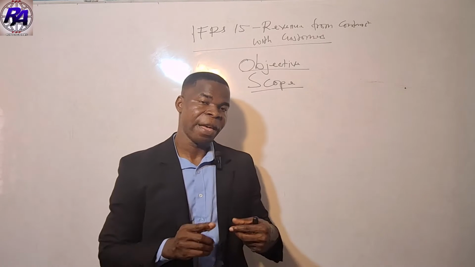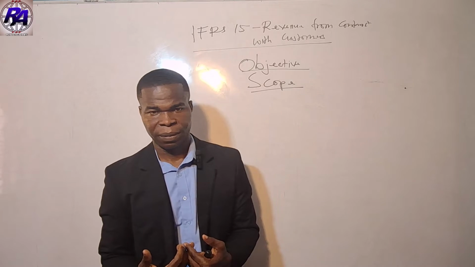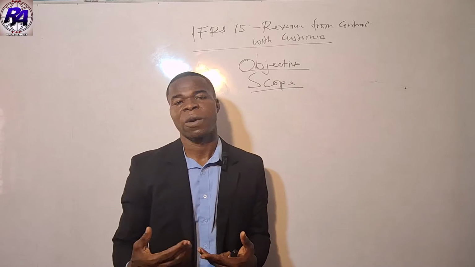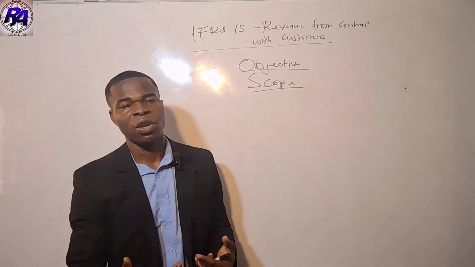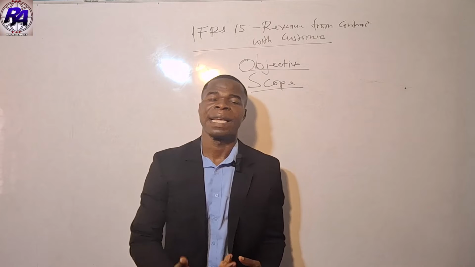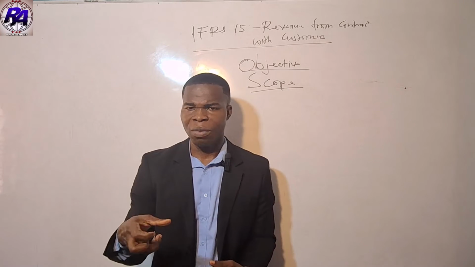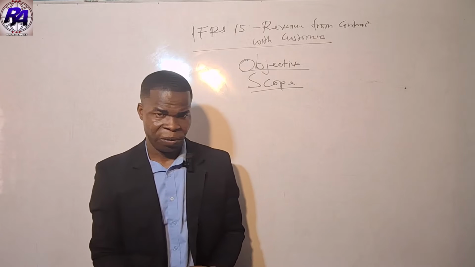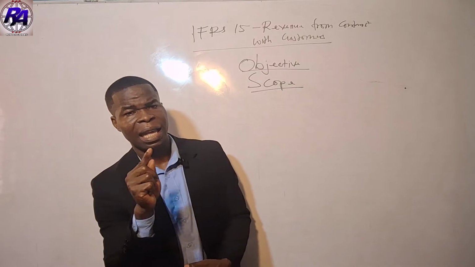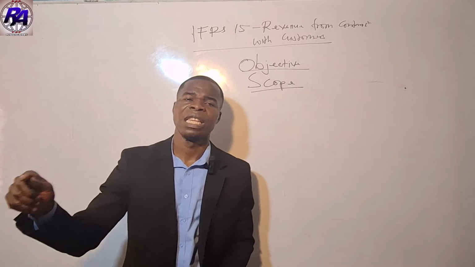For instance, if the entity does not sell a non-current asset, they use it for administrative purposes, and just one time they are selling off or disposing of that non-current asset, the proceeds they have gotten are not revenue. Revenue here is the income from what the entity does on a daily basis.